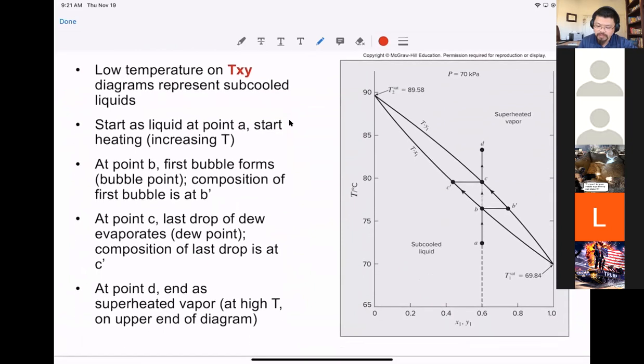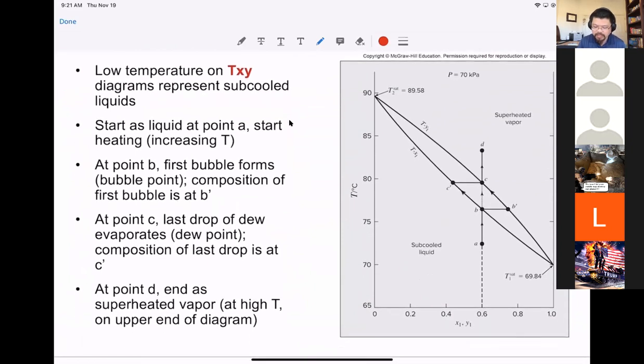So here, if we take a look at the TXY diagram, in order to do that, we need to have a known pressure, and over here, try to recall the Gibbs phase rule. That is how we need to figure out how many independent parameters we are going to monitor.